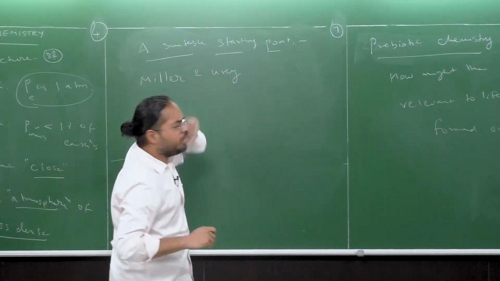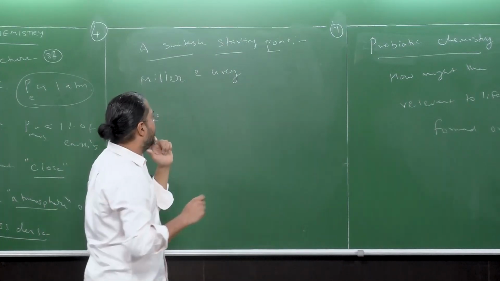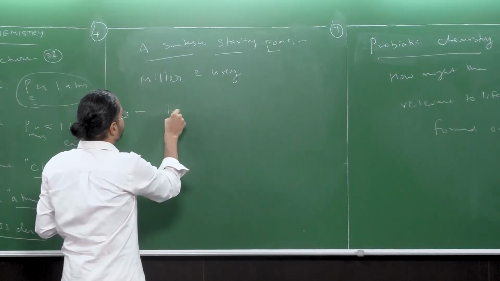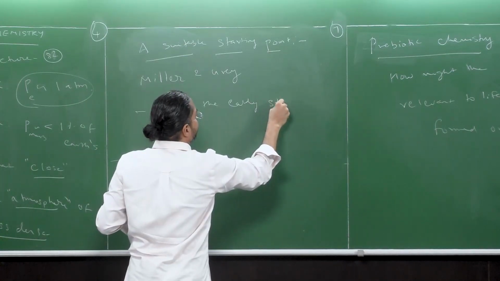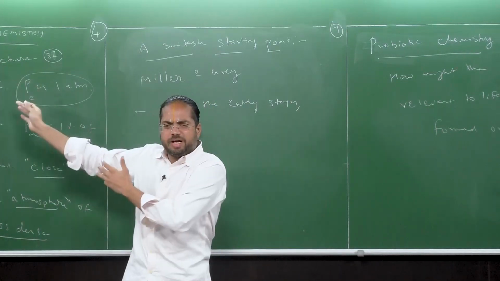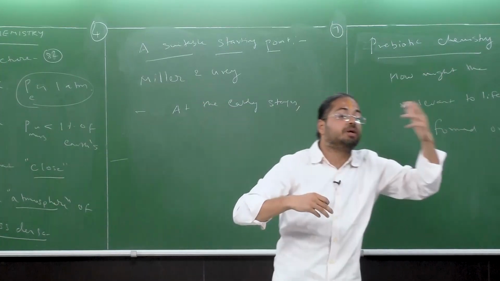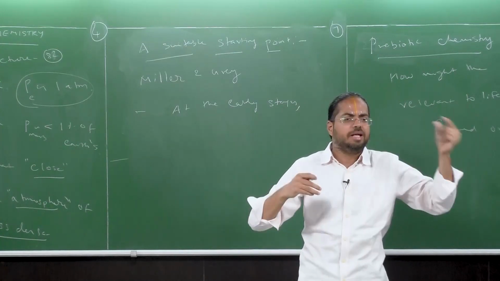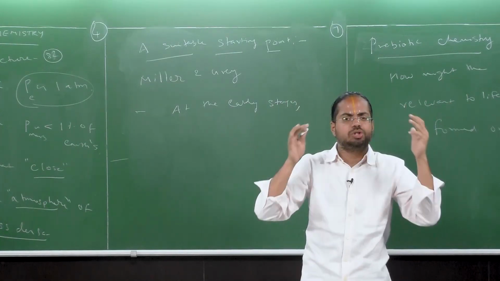Now, I think it was Urey who postulated that in the early stages of the solar system, because I think I told you earlier, almost all the planets were in their primitive form, formed almost simultaneously along with the generation of the solar system.